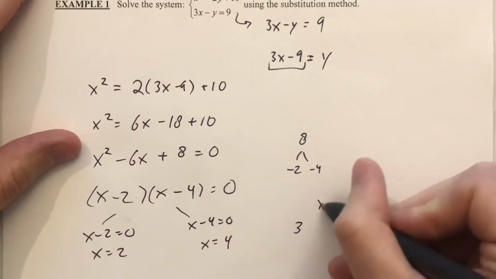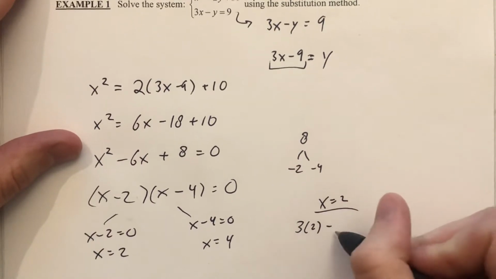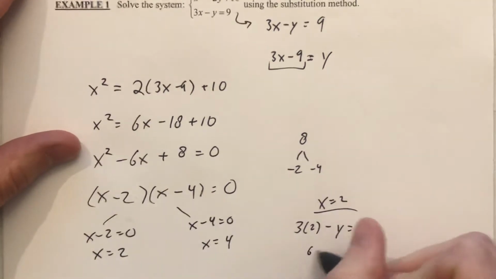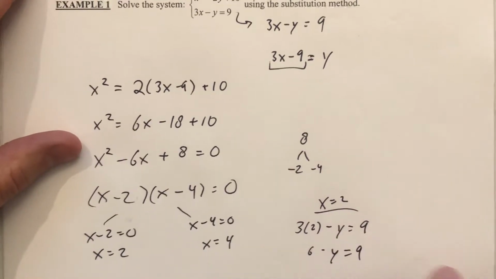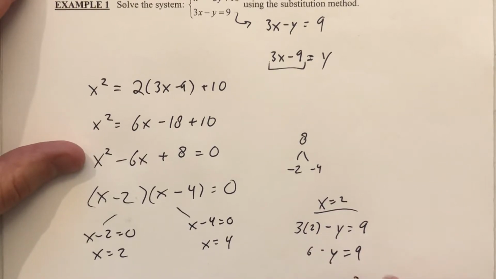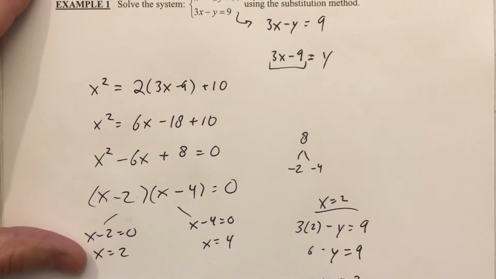So if I'm checking x equals 2, subtract the 6, looks like x equals 2 pairs with y equals negative 3. So we get the point 2, negative 3.